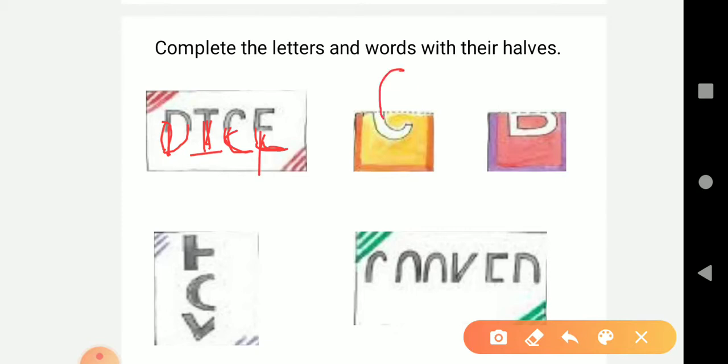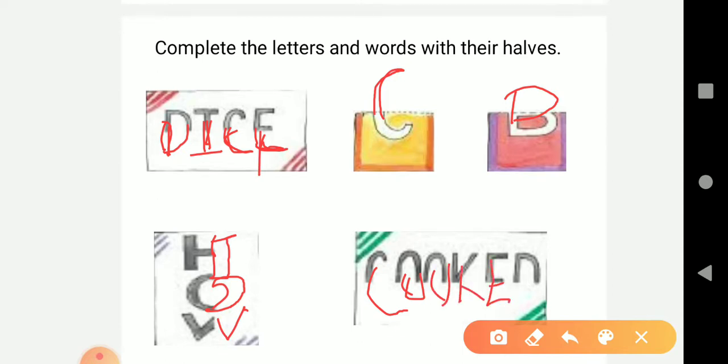This is the letter C. This is the letter B. You try it from your home to write the H O W. How? C. The fourth one, C double O K E D. Understood?